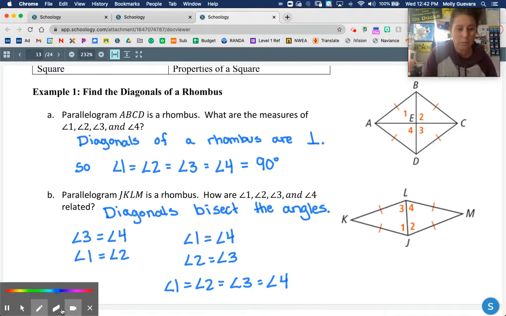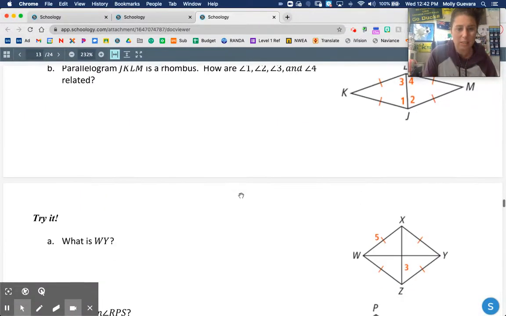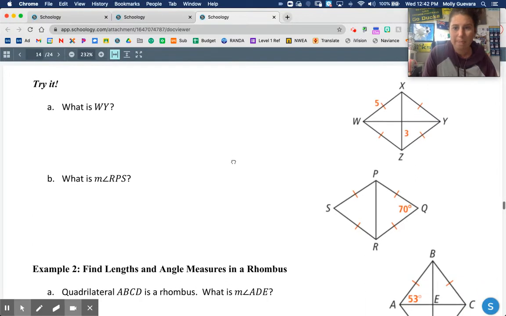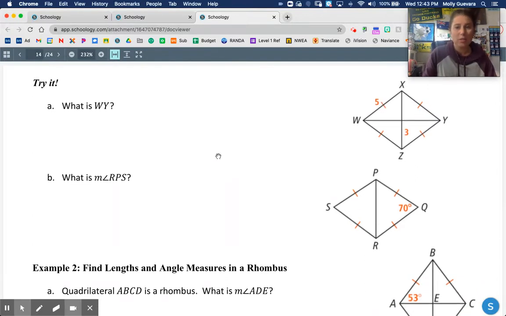All right, so we have a triad here. So let's look down. There we go. So this triad, the first one says, what is the length of WY? And the second one is, what is the measure of angle RPS? Okay, so you might have to do extra work here, right?